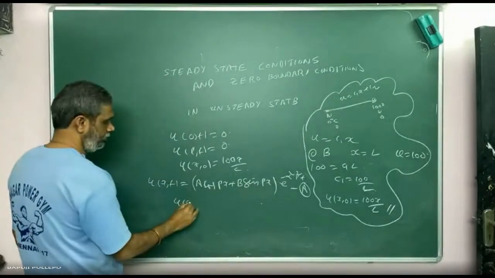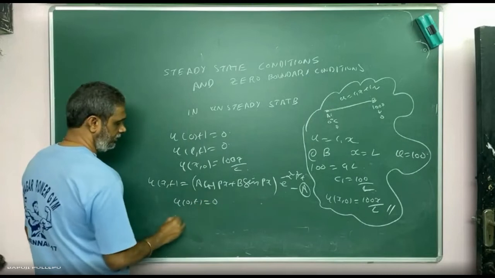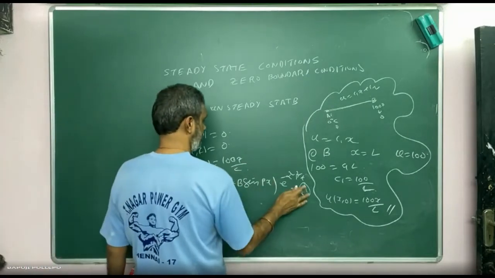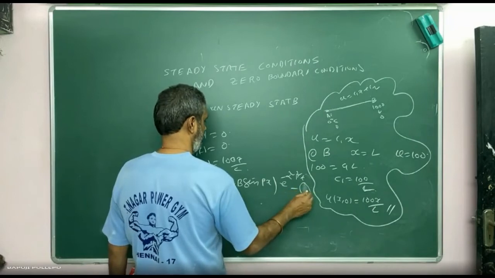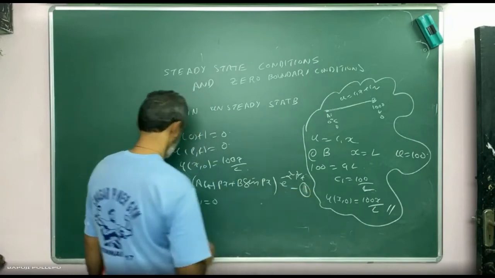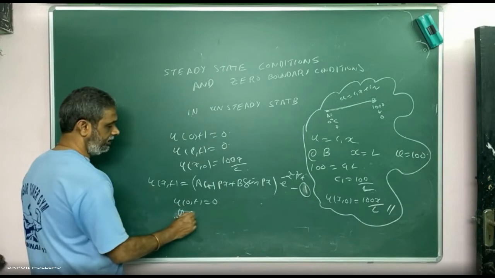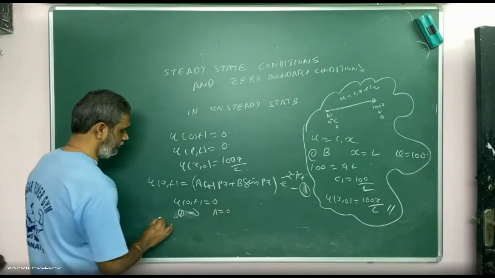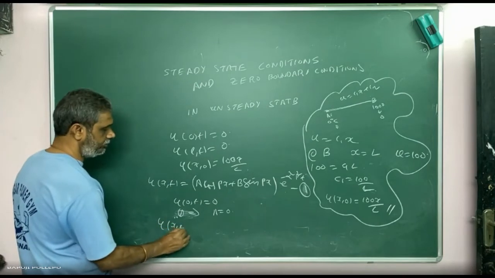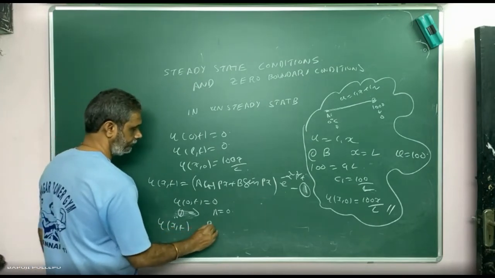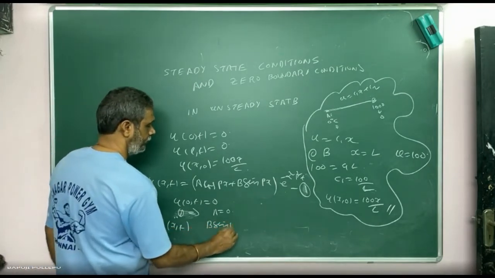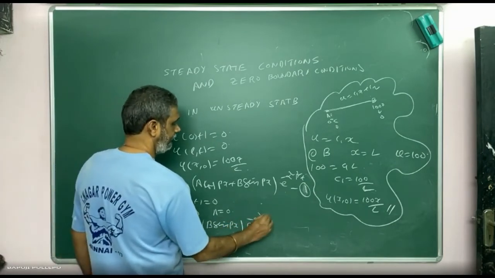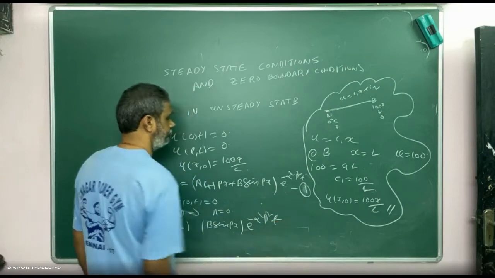First, u of 0 comma t equal to 0 means A becomes 0. So equation 1 implies A is equal to 0. A equal to 0 means u of x comma t is equal to B sin px into e to the power of minus alpha square p square t.